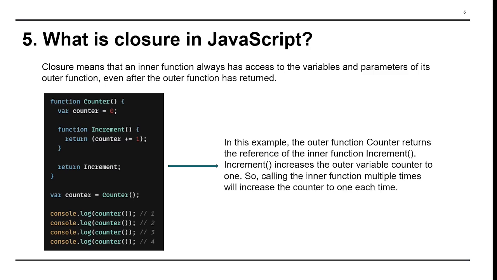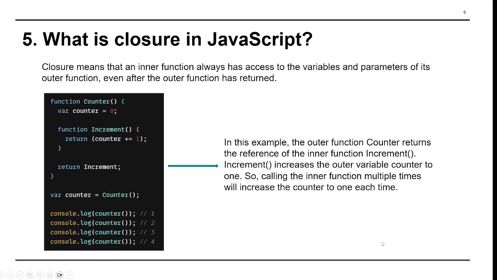The next question is, what is closure in JavaScript? Closure means that an inner function always has access to the variables and the parameters of its outer function, even after the outer function has returned. Here we can see there is an outer function named counter and there is an inner function named increment which has access to its outer variable, which is counter.